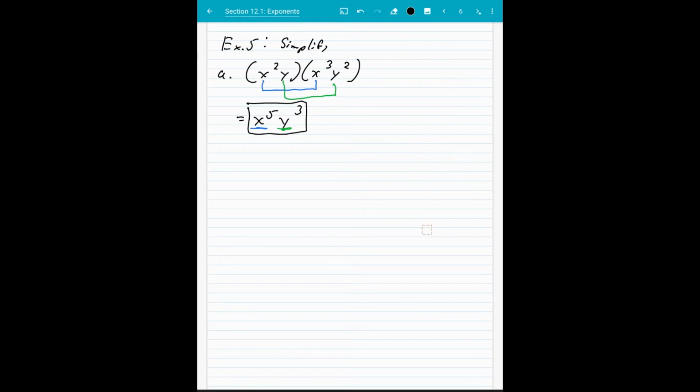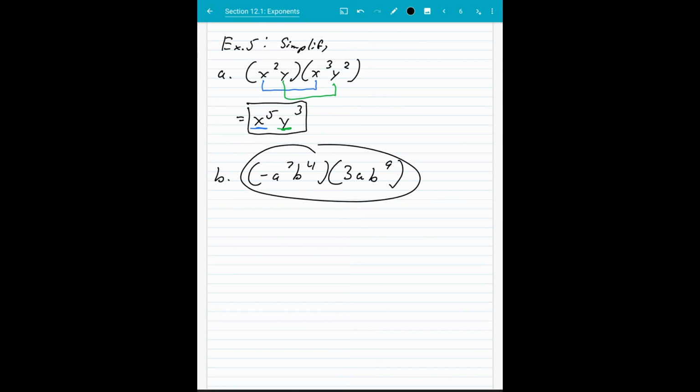Go ahead and erase all this. You want to match up whichever ones go together. So looking at B, negative a to the 7th power, b to the 4th, times 3ab to the 9th power. Again, everything is multiplying here, so we can use that commutative property.